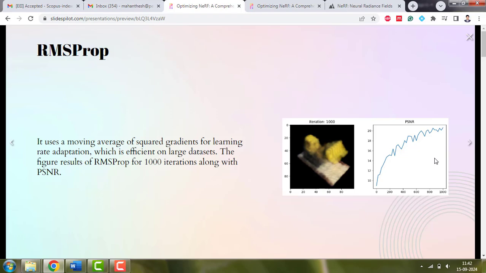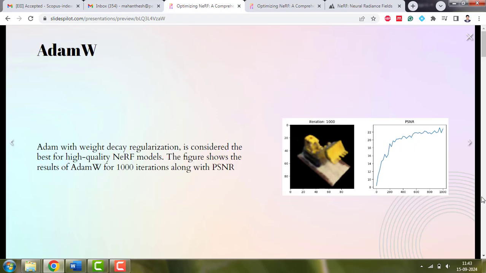Then comes RMSProp, which uses a moving average of squared gradients for learning rate adaptation, which I already discussed. If you have too many data sets, it is more useful. The results also show it is gradually improving compared to the previous one.